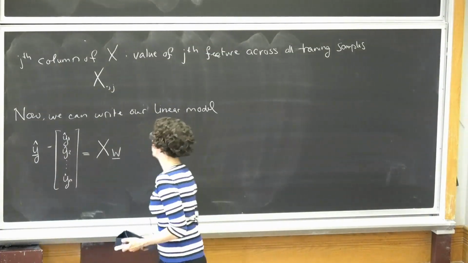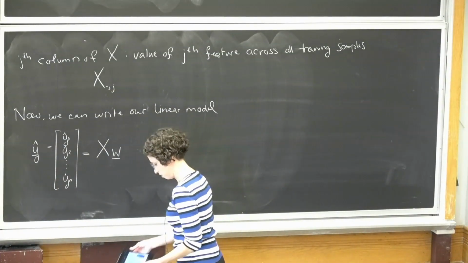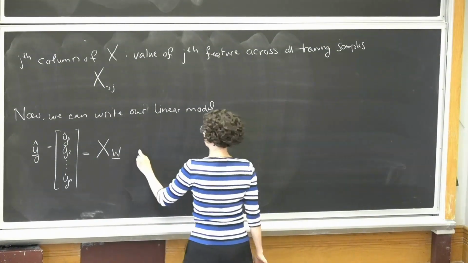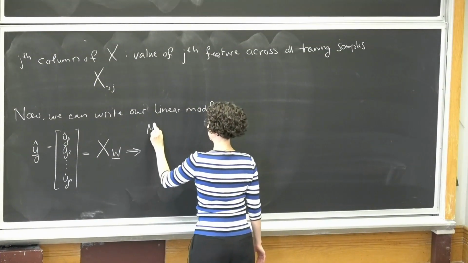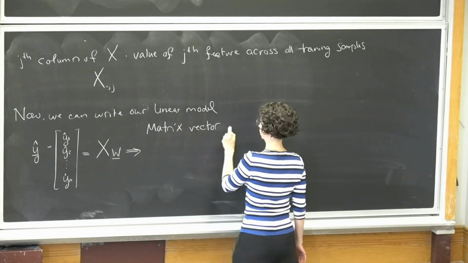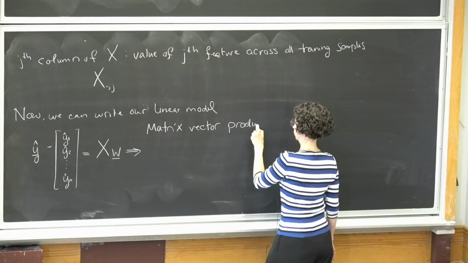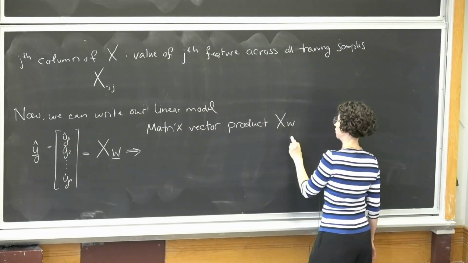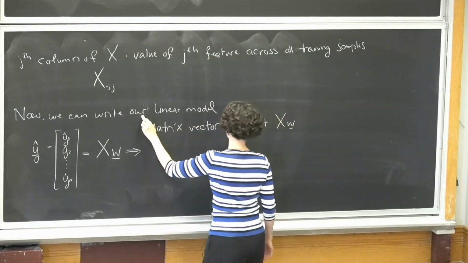Okay, so next we want to look at the matrix vector product. So, like for instance, x times w.